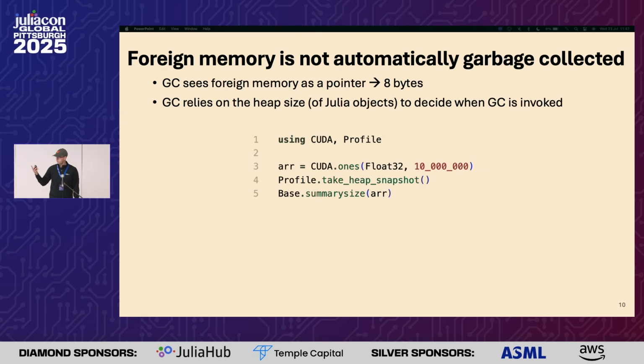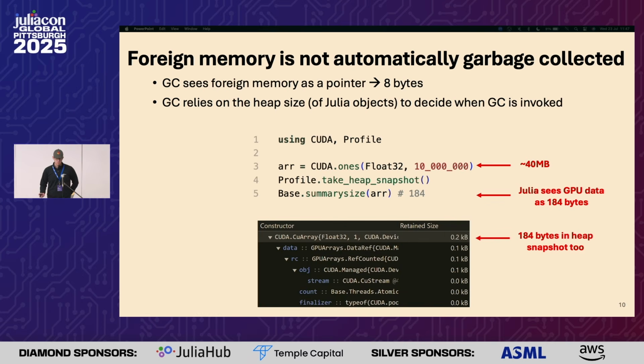So we are using CUDA, we use the profiler, and we look at something that we expect to be 40 megabytes in CUDA.jl. It's a 10 million array element. We take a heap snapshot, and Julia just sees it as 184 bytes of data. And you could clearly see that in the profiler too.